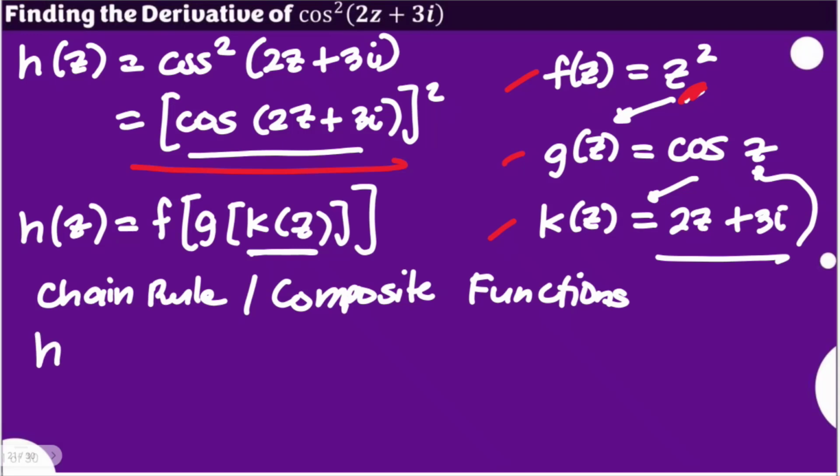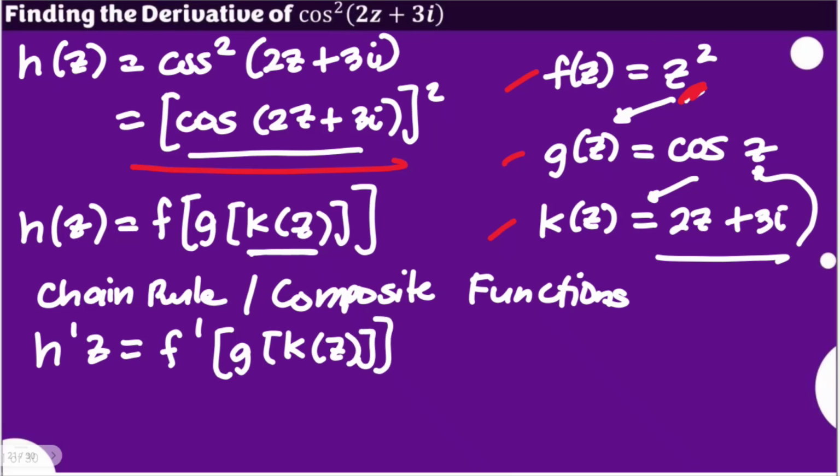We take the derivative of your outer function in itself, treating all of the inside functions as just a component of your first function. Then, multiply that with the derivative of your inner function, g of k of z.